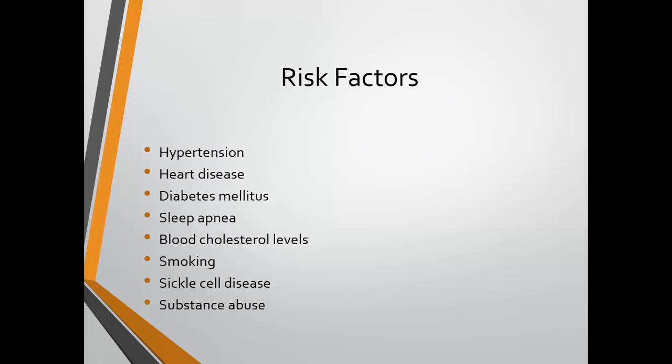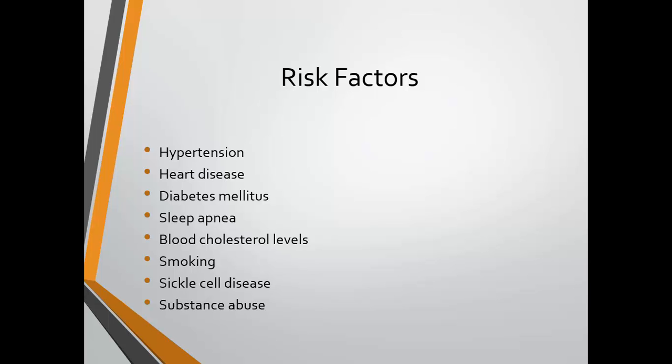Smoking doubles the chances of a CVA risk, and that would be ischemia and cerebral hemorrhage. Smoking plus the use of oral contraceptives also really increases the risk. Your sickle cell disease is due to changes in the red blood cell shape and the increased blood viscosity, and so they have a tendency to clump together, and that can cause an embolus.